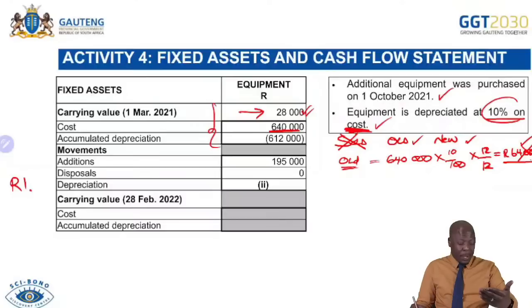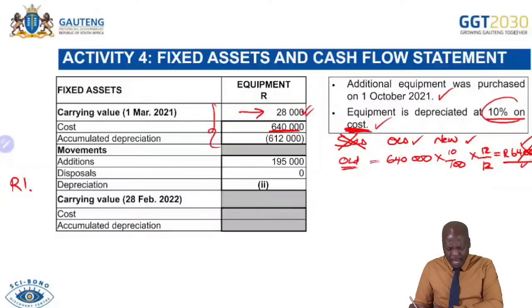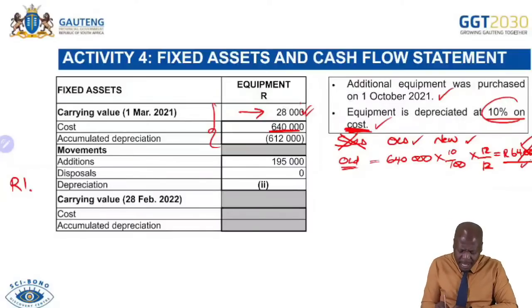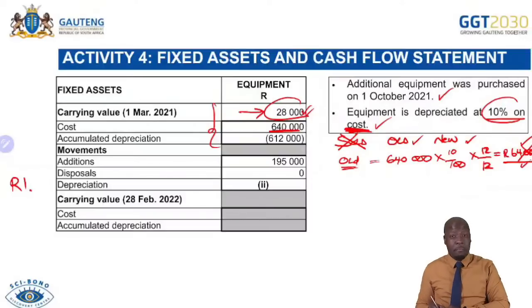You calculate your depreciation, you see 64,000, then you check your carrying value, 28,000. Something is not right. I cannot have depreciation of 64,000 when the carrying value is 28,000.